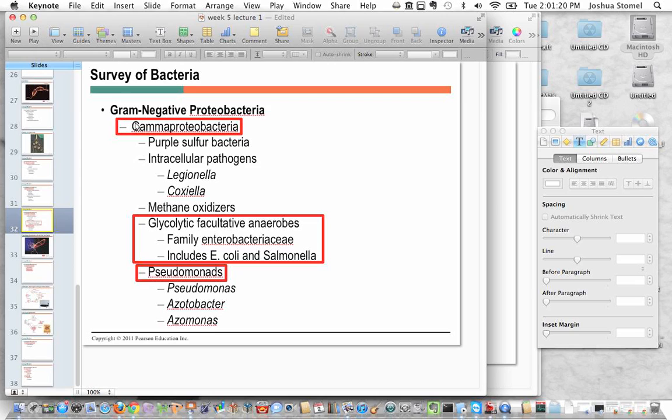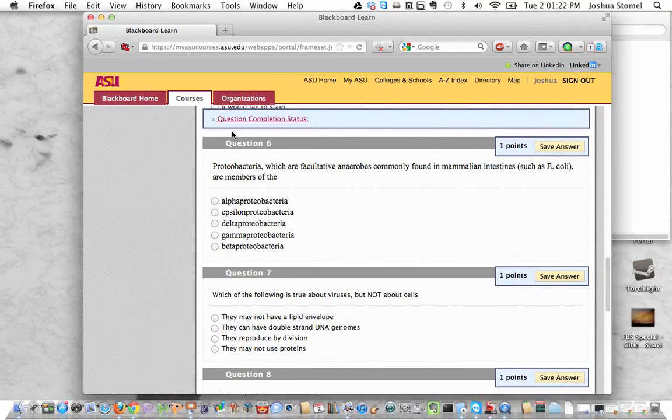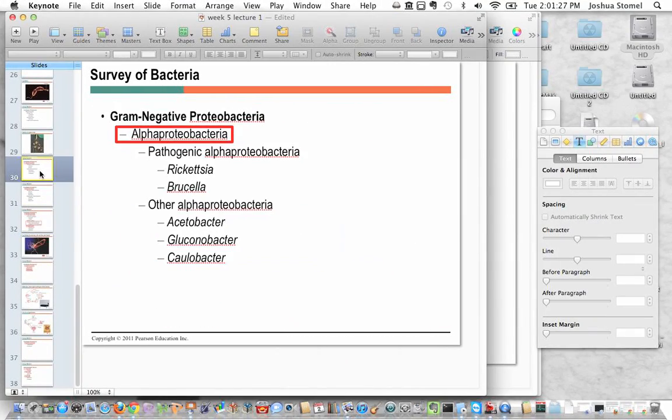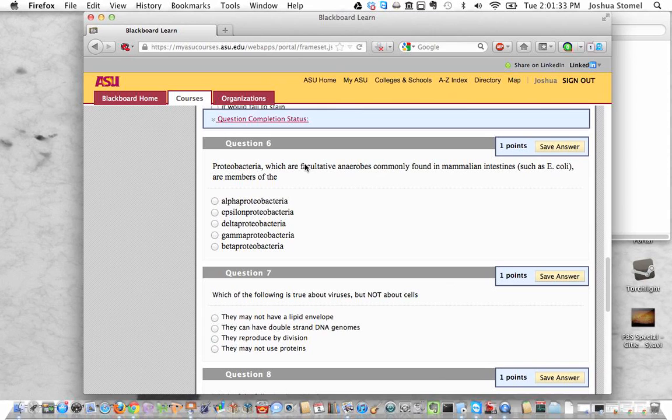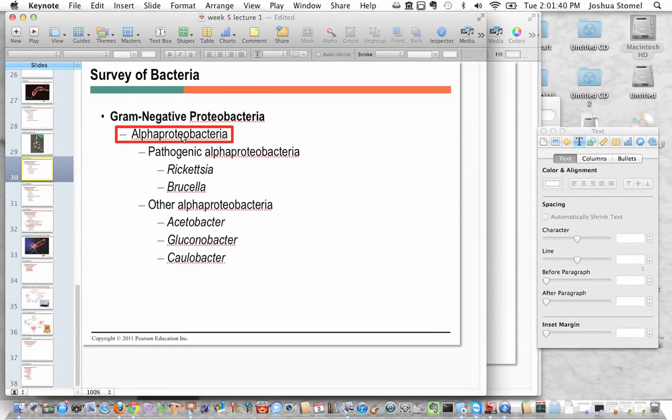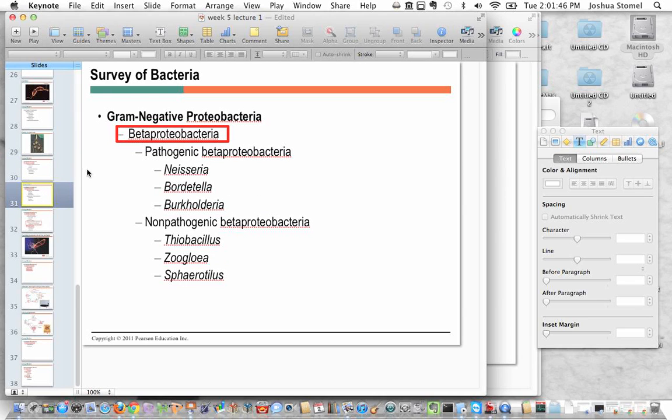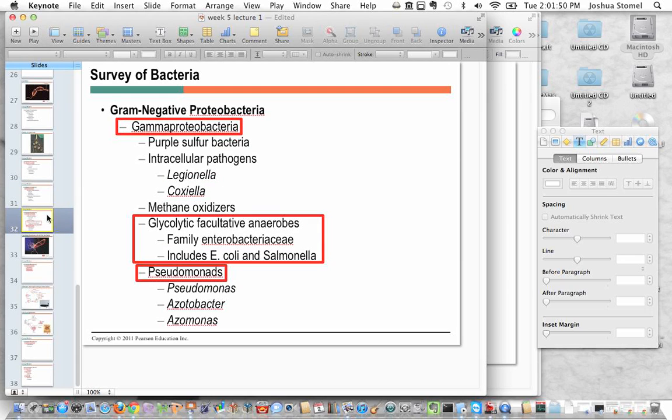So, proteobacteria starts up here with the alpha proteobacteria. And it says, facultative anaerobes commonly found in mammalian intestines, such as E. coli. This doesn't say anything about facultative anaerobes down here.